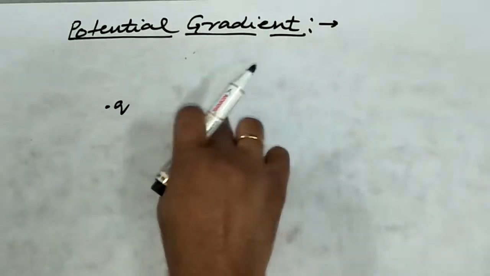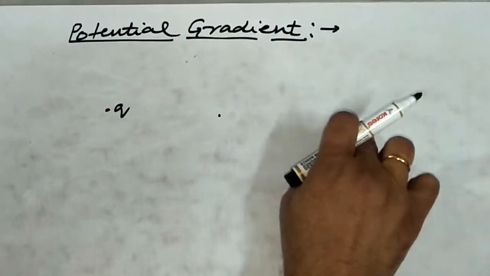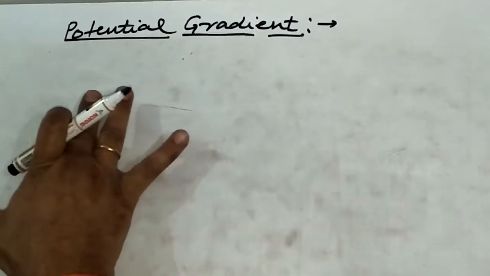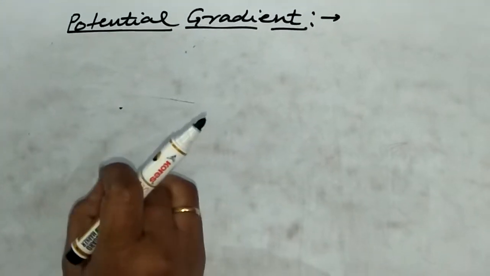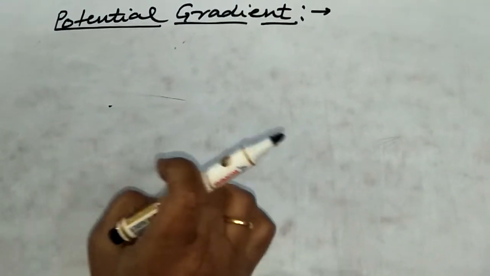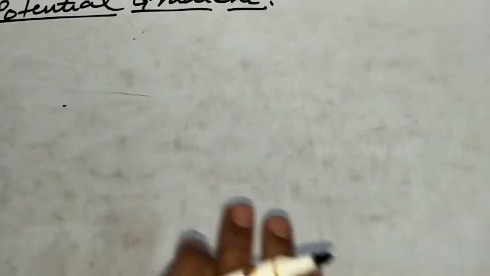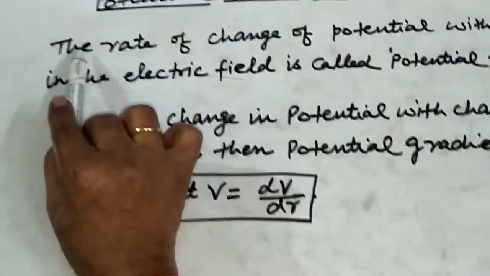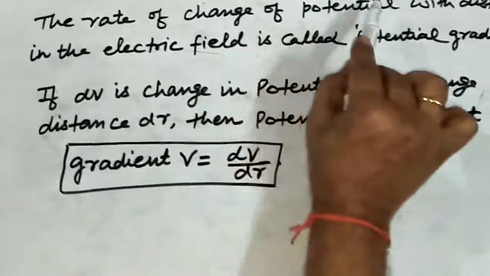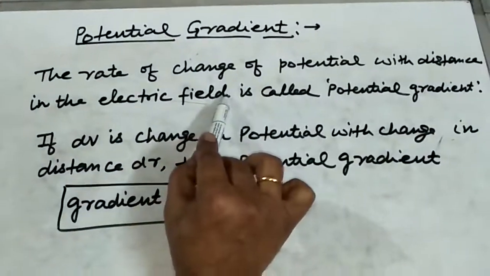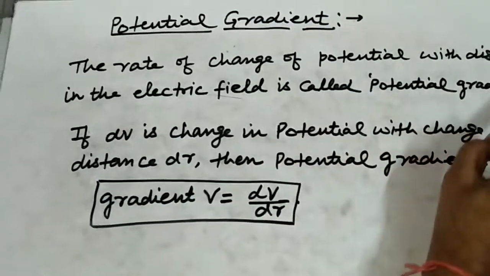It means the potential changes with respect to distance in this electric field. So the rate of change of potential with distance in an electric field is called potential gradient.